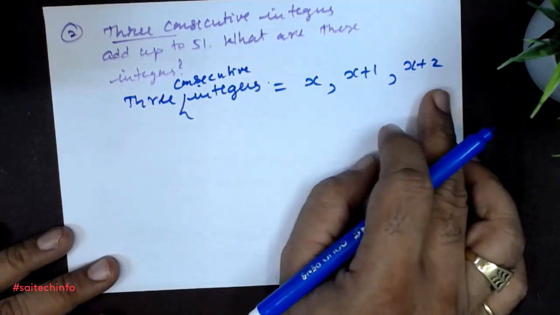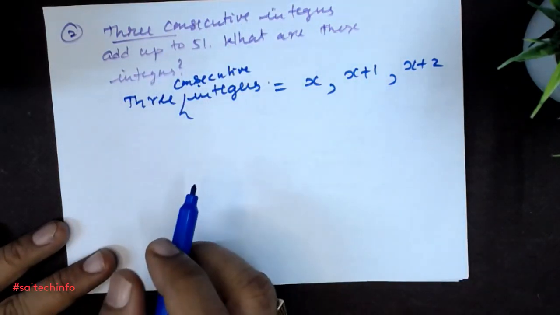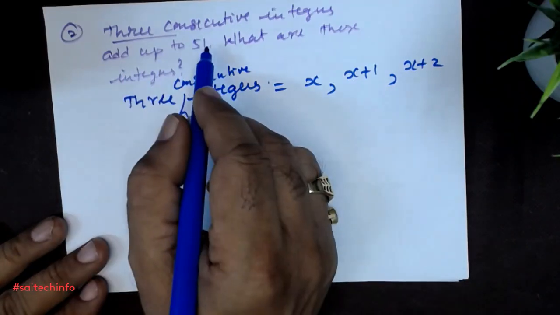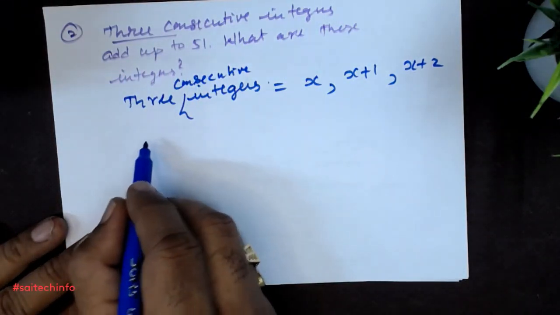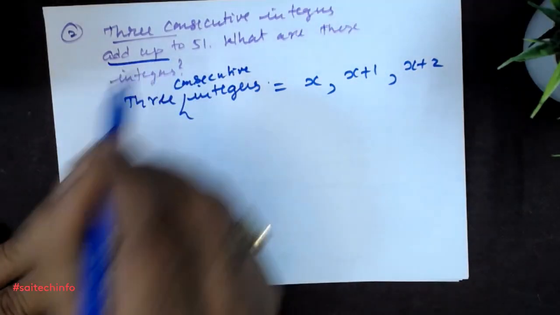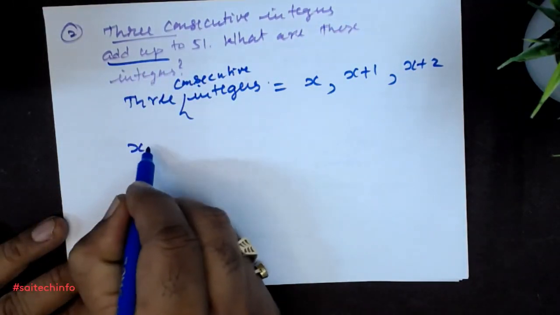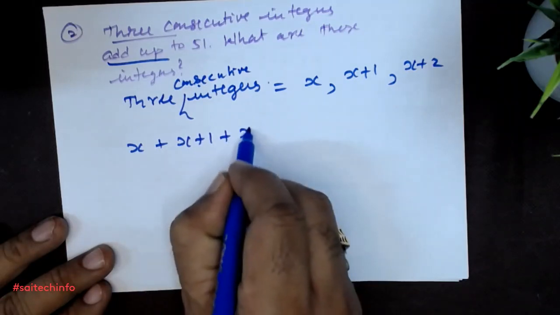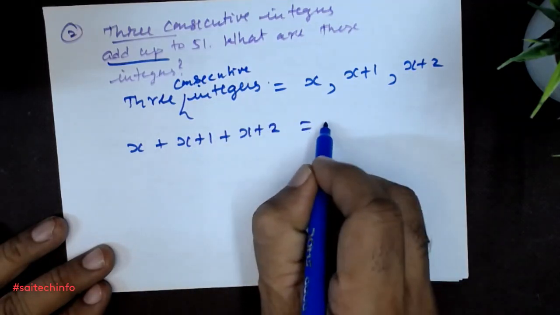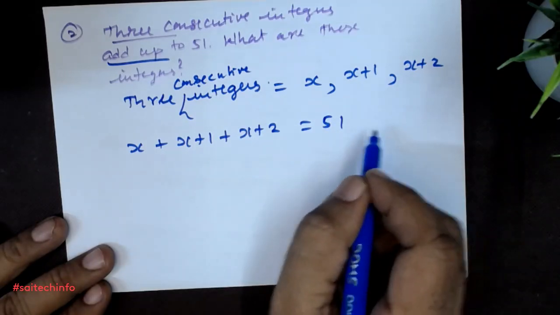Now we have established the 3 consecutive integers. Now they are added so that you are able to get 51. Okay. So it is clearly given as added. So let us add x plus x plus 1 plus x plus 2. That is equal to 51. Right.